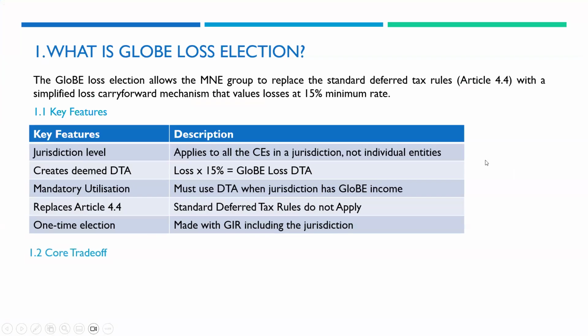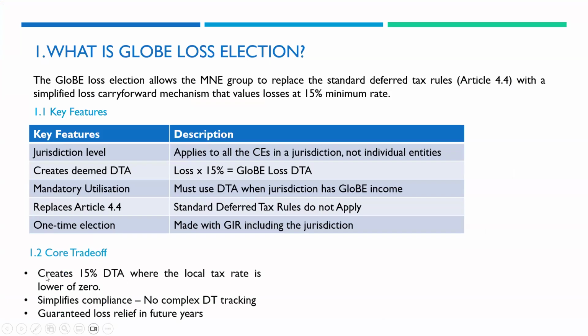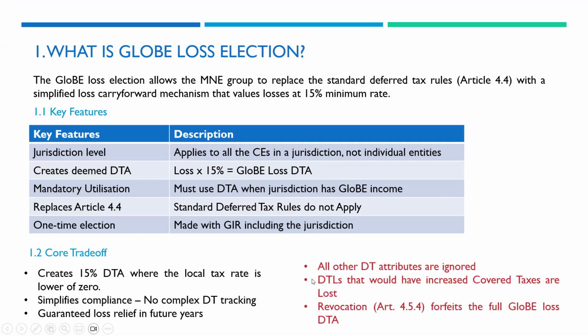Okay. Now, what exactly is happening? It creates a 15% DTA when the local tax rate is lower or zero. It simplifies compliance. No complex DT tracking, recapture rules, and all is not there. And guaranteed loss relief in future years. All this would be available. Now, what are the problems? All other DT attributes are ignored. DTLs will be completely ignored.